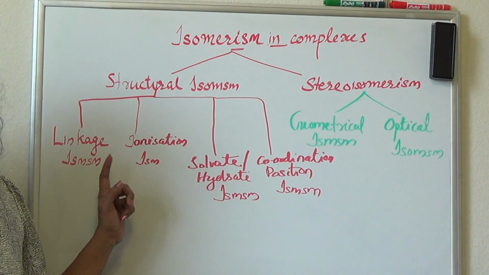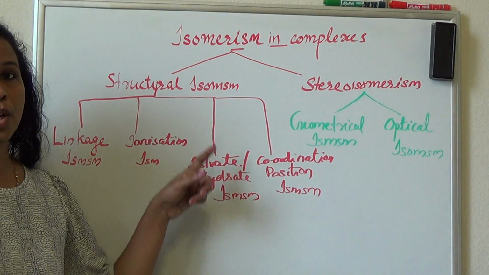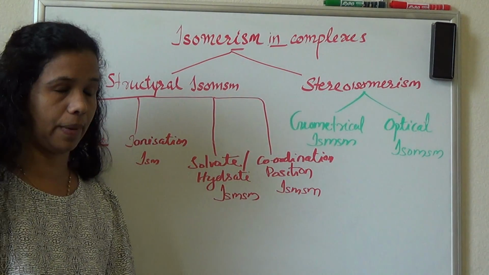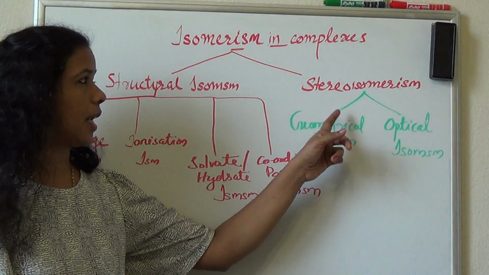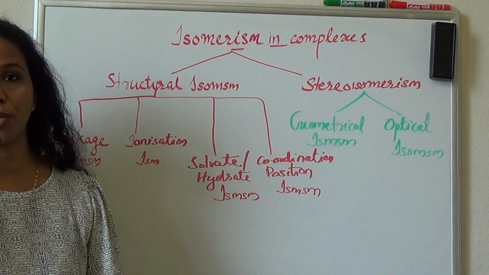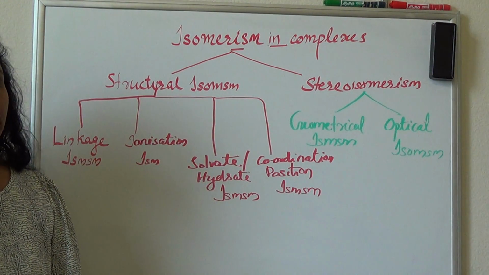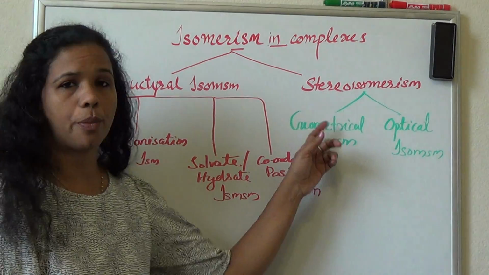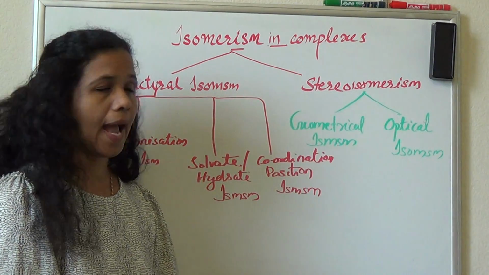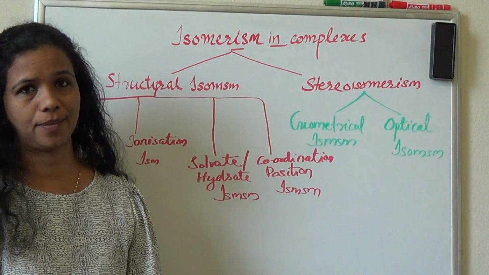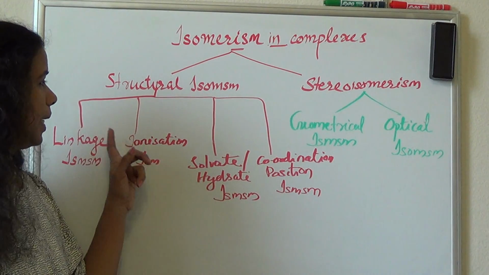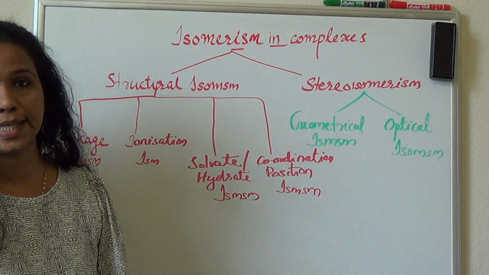These are the four structural isomerisms shown by coordination complexes. Then there are two types of stereoisomerism shown by coordination complexes: geometrical isomerism and optical isomerism. Now we will discuss each one in detail.